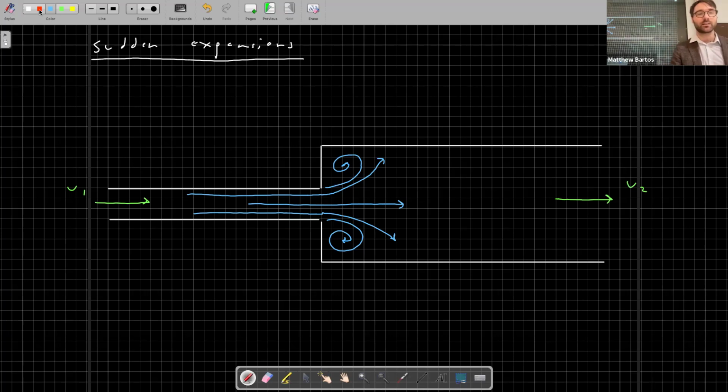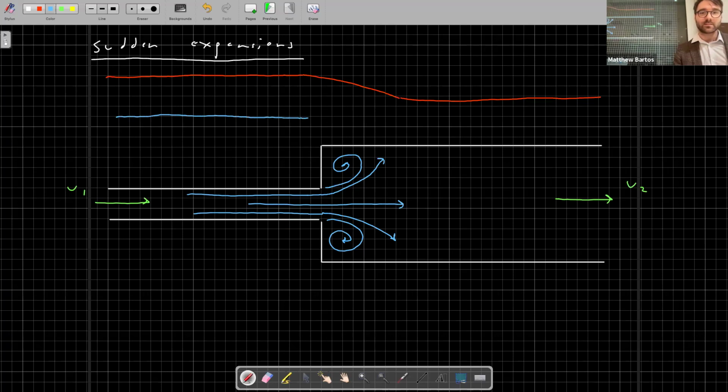So we can again draw the EGL and the HGL. The EGL will look something like this. You'll have a higher EGL on the upstream end. That EGL decreases as you go through this turbulent region, and it kind of steadies out on the downstream end. The HGL will look something like this. You'll have an HGL that starts out lower.